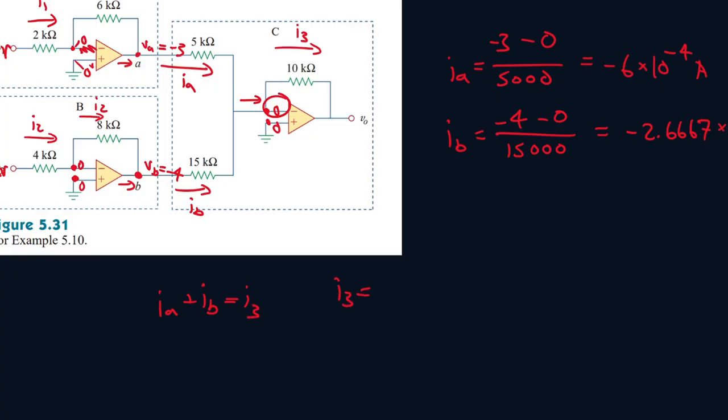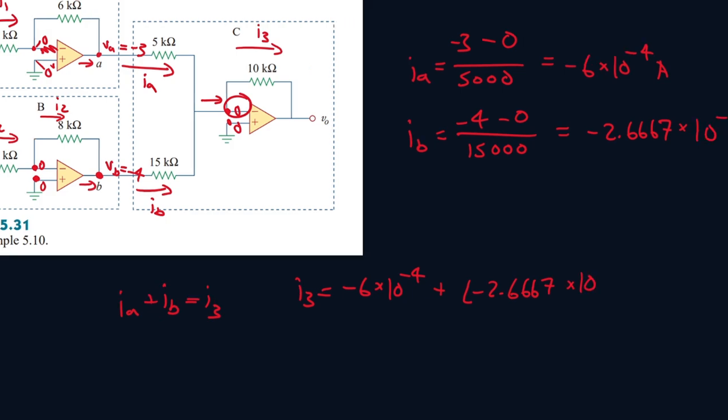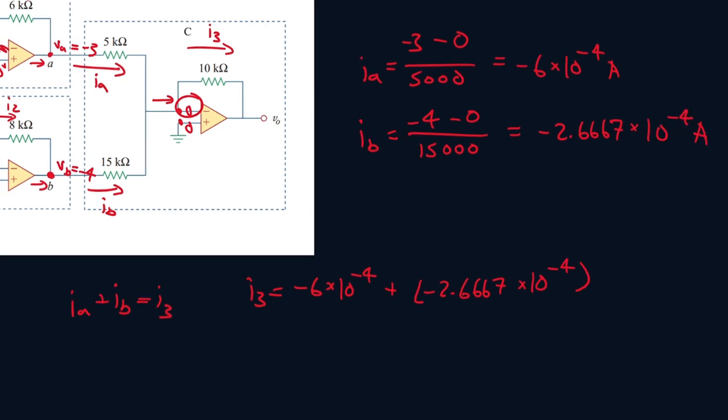So I3 will be minus 6 times 10 to the minus 4 plus minus 2.6667 times 10 to the minus 4. And that gives me a value of minus 8.6667 times 10 to the minus 4.